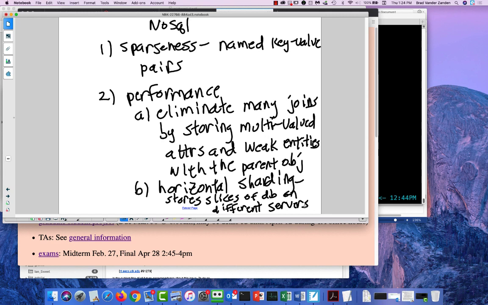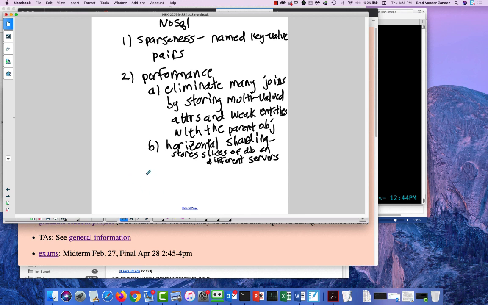They also replicate. So the other thing is replication. They replicate data across servers or replicate portions of the DB.